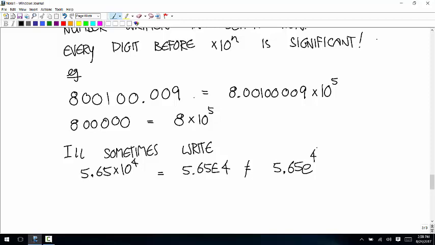This has a very clear meaning, and its clear meaning is not the same as this. This is saying 5.65 times e, which is like 2.71 something, to the 4th power. That's different than 5.65 times 10 to the 4th power. So don't do this, but if you want to do this, that's fine.